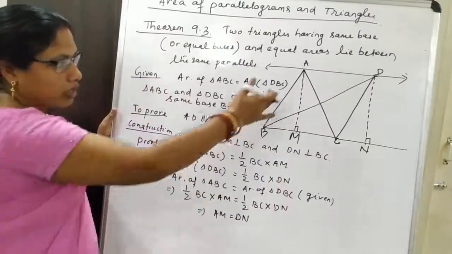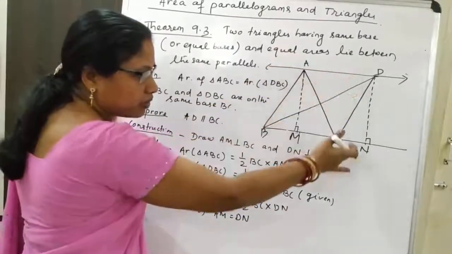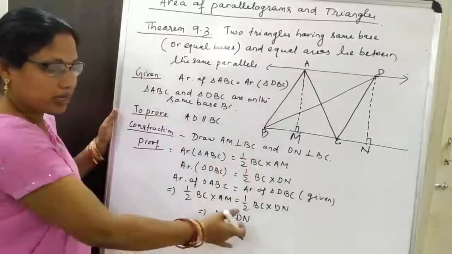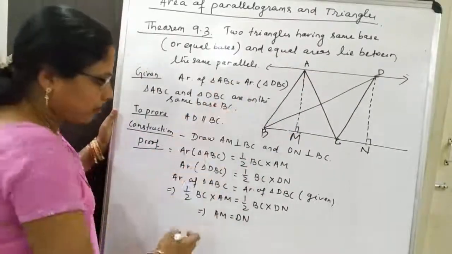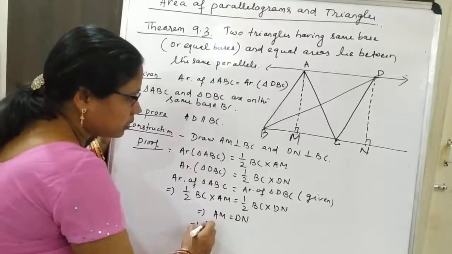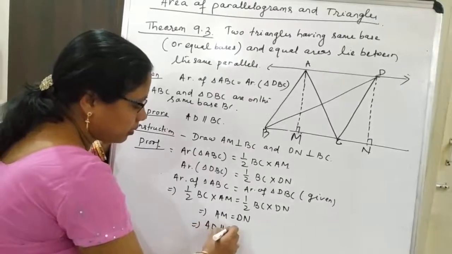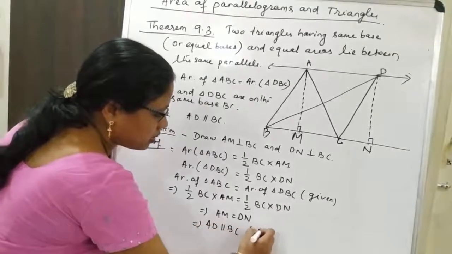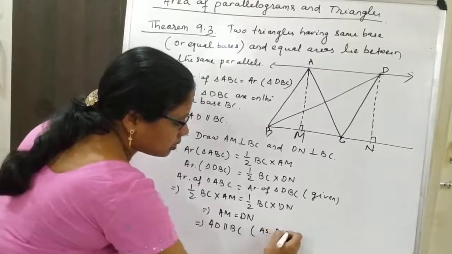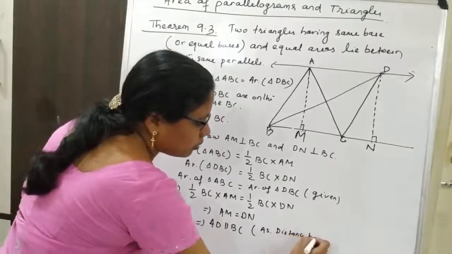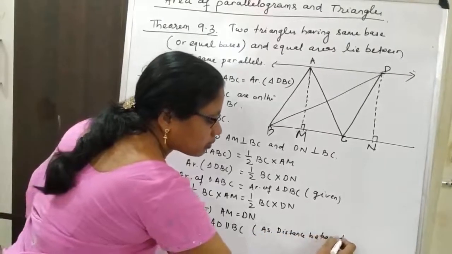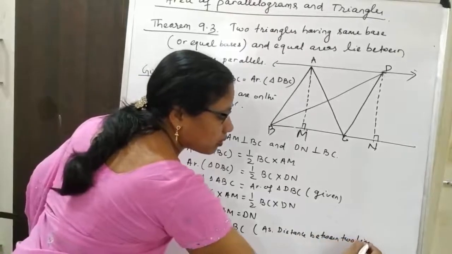So we know if the distance between two lines is equal, then they are parallel. So this implies AD parallel to BC, as the distance between the two lines is equal.